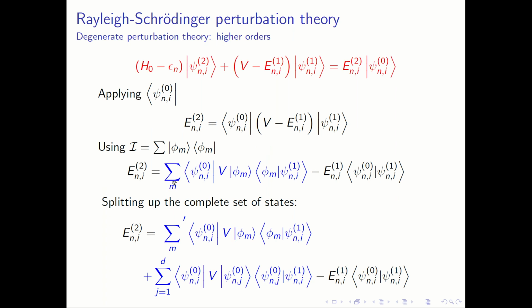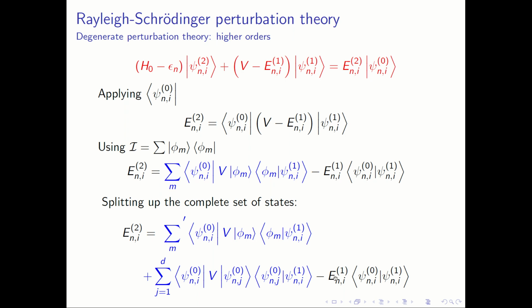Those states which are not degenerate with epsilon n, and we are writing those with a prime here. So this sum only runs over those states which are not of the same unperturbed energy as psi 0 ni, plus those d other states psi 0 n1, psi 0 n2, psi 0 n3, which we have here.